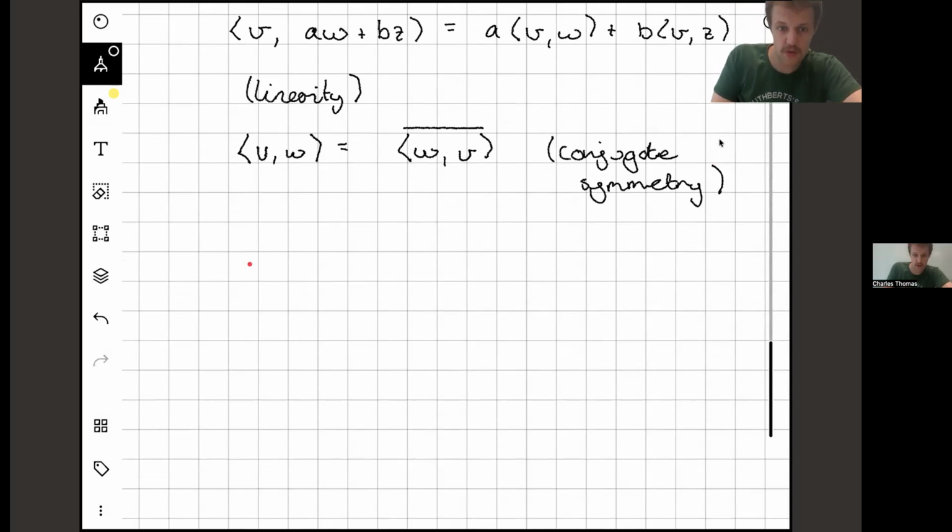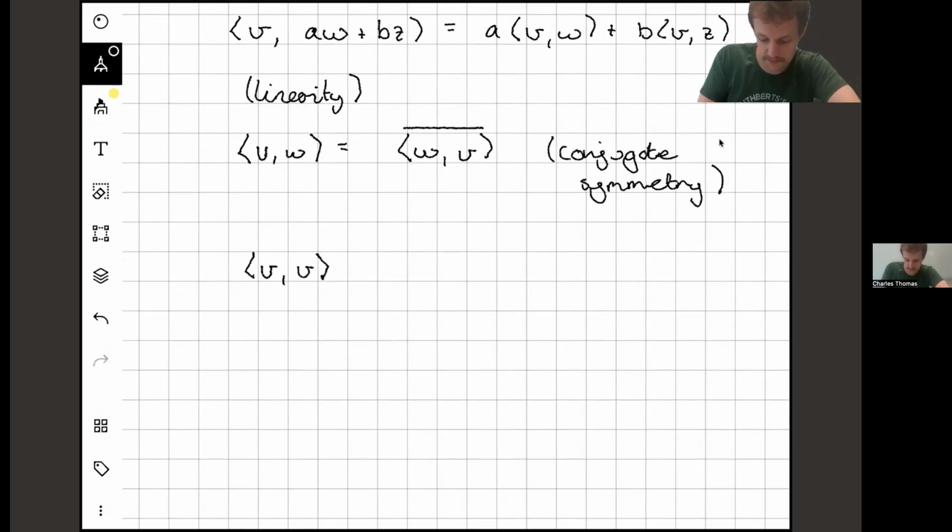Then we should also have that something in a product with itself is always greater than or equal to 0. The reason we want this is we're going to use inner products to actually allow us to talk about the size of vectors, and we don't want negative sizes.